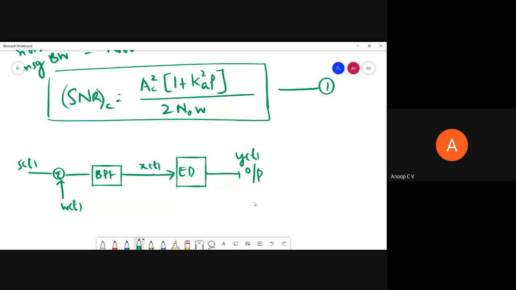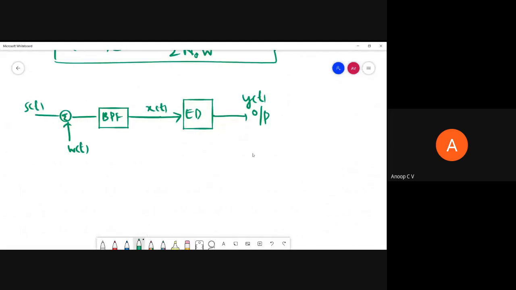Right. So now what is this X of t? X of t is equal to S of t plus N of t. We know what S of t is, and N of t we can represent in canonical form as Ni of t cos 2 pi fct minus Nq of t sine 2 pi fct.